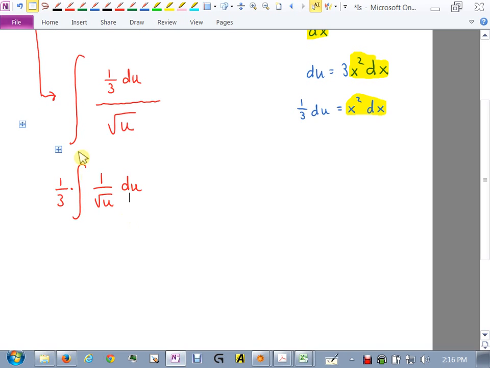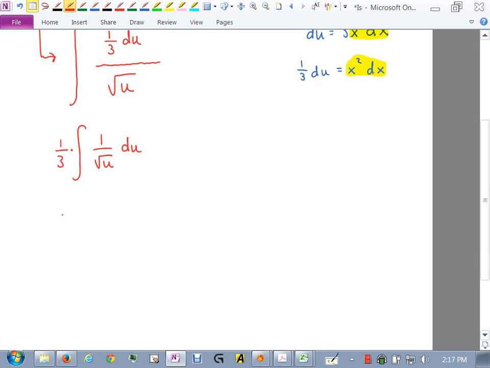How am I going to handle finding the antiderivative of this? Rewrite it as u to the negative 1/2, right? So now I'm going to employ the power rule. But I first need to rewrite that 1 over root u as u to the negative 1/2 du.